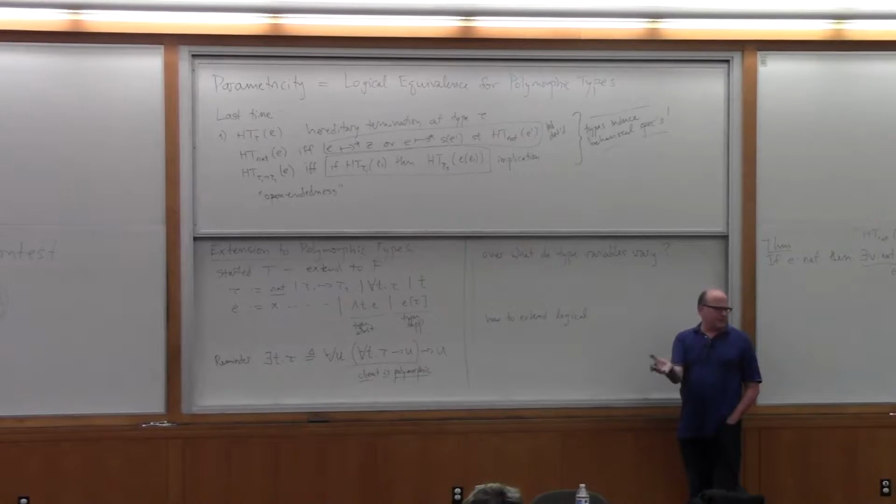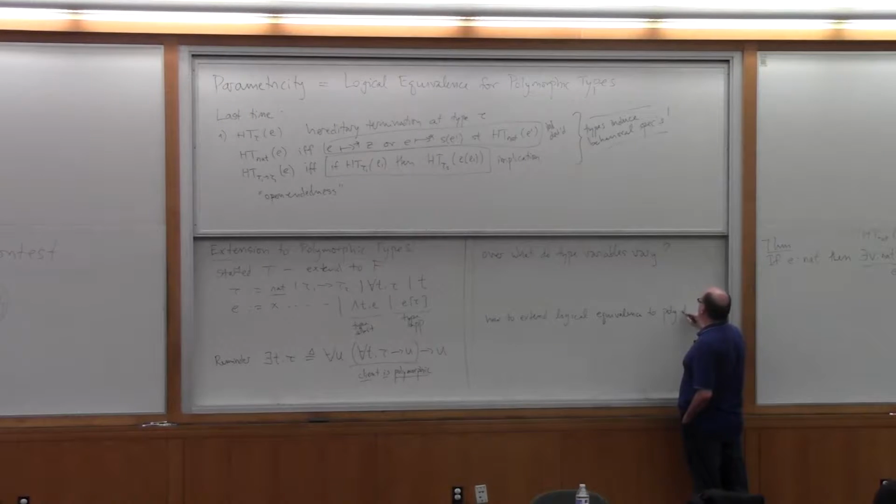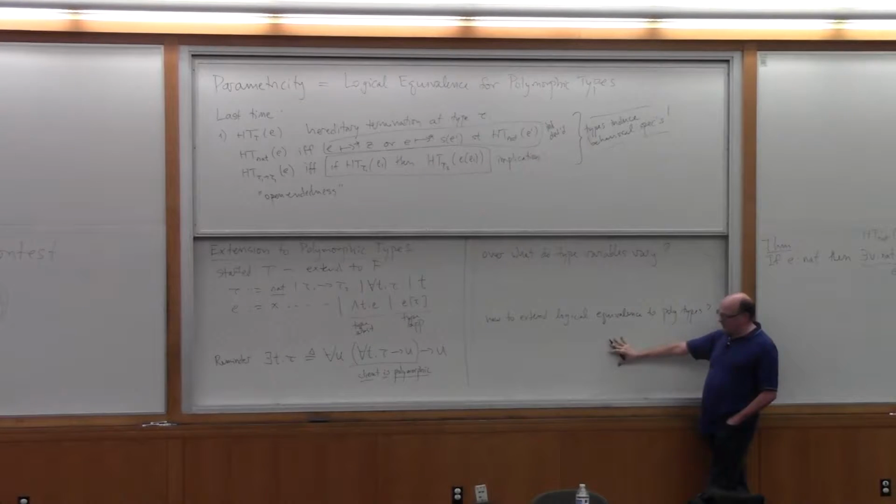You consider all the contexts that give you a natural number as an observation, and because now we're in System F, those contexts can do polymorphic application and instantiation and abstraction and all that. But anyway, the definition is formally the same. It's just that the contexts are now in the enriched language. So there's no question about what that is. So the question is how to extend logical equivalence to polymorphic types.